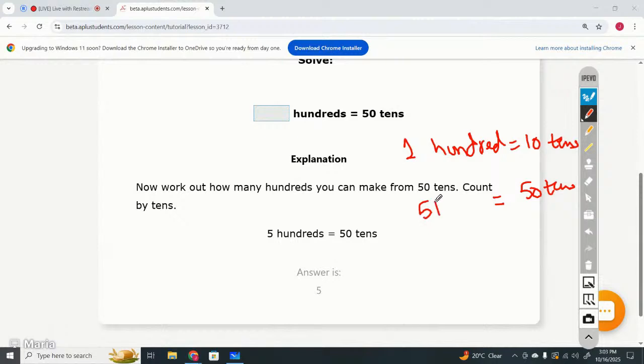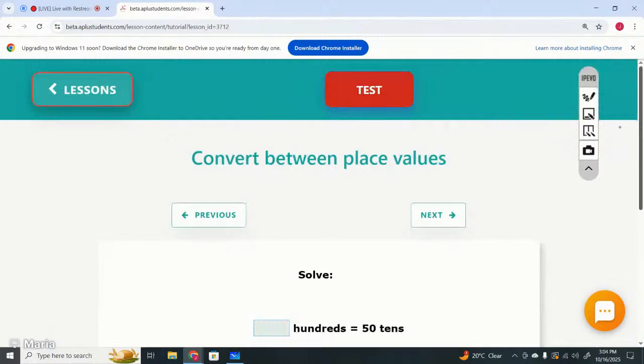The correct option is 500. Let's just start with the test questions.